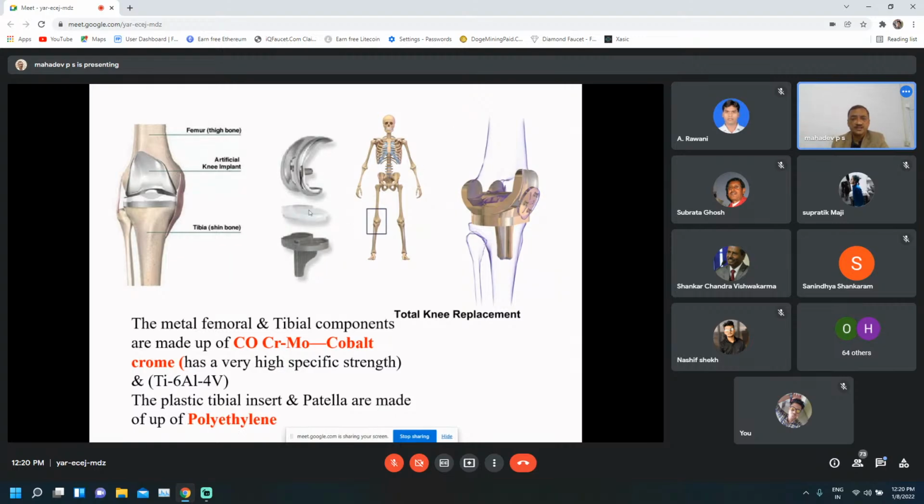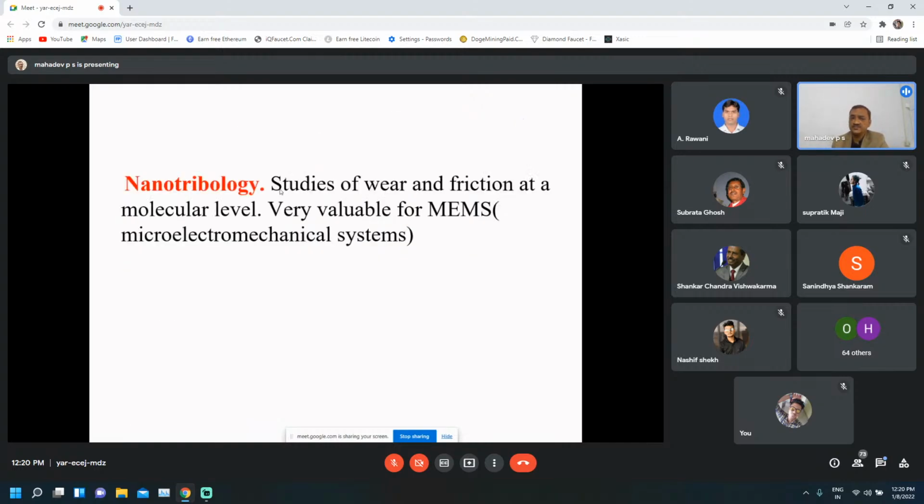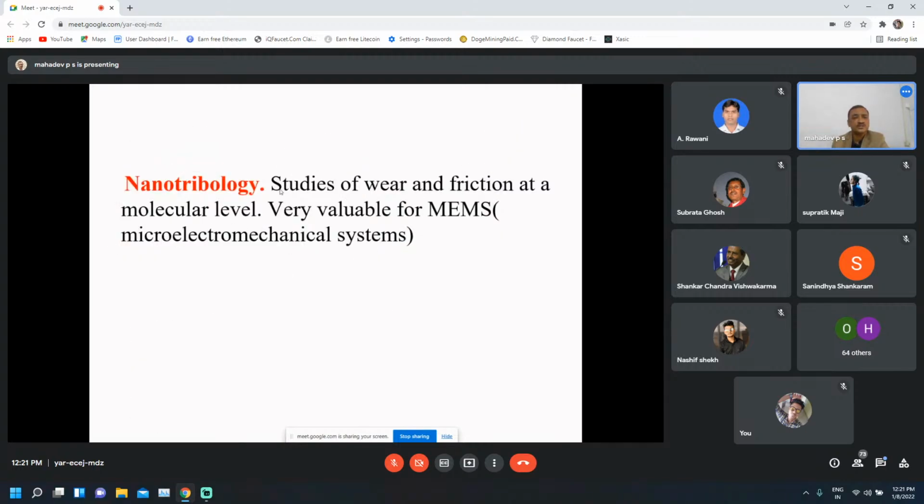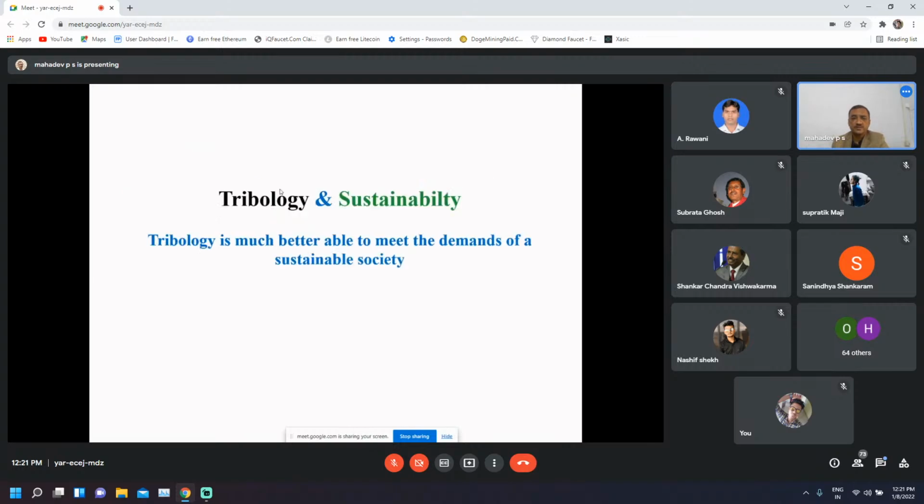Here you can see the top one, the femur part, the bottom tibia part, and the tibia insert, the middle one. That reduces the pain and increases the mobility. So this is a very good application of biotribology. And nanotribology is the study of wear and friction at the molecular level, like MEMS, microelectromechanical systems.